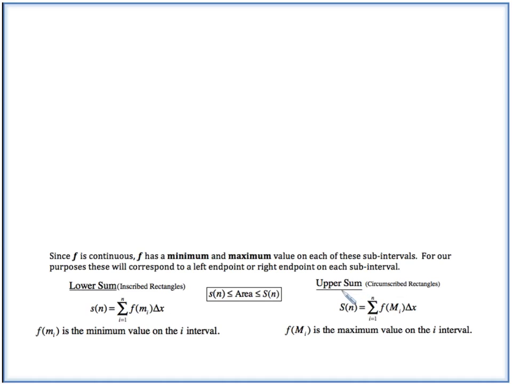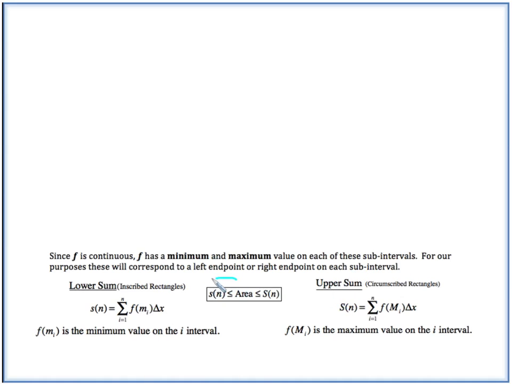And then the upper sum is going to be your circumscribed rectangles, and we get a capital S of n, and notice we have a capital M sub i right here. So the lower sum again is going to be the smaller approximation, and the upper sum is the upper approximation.